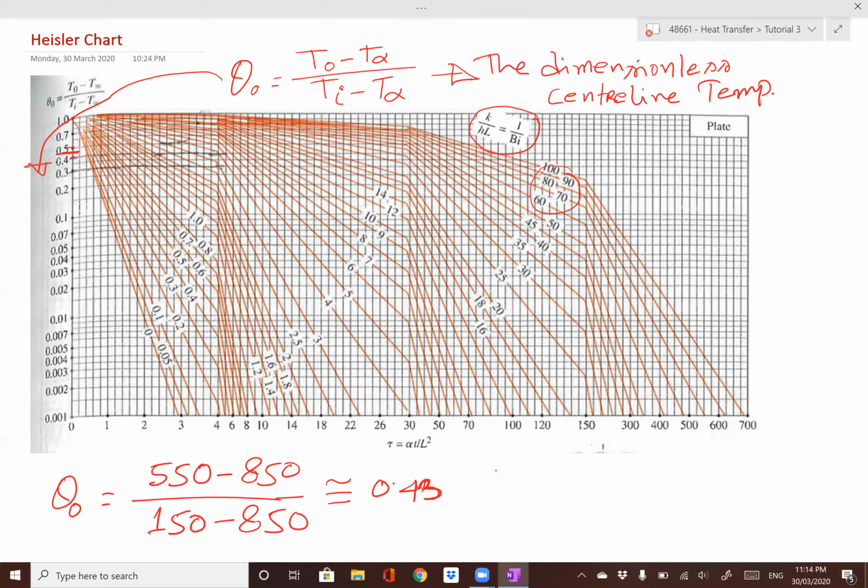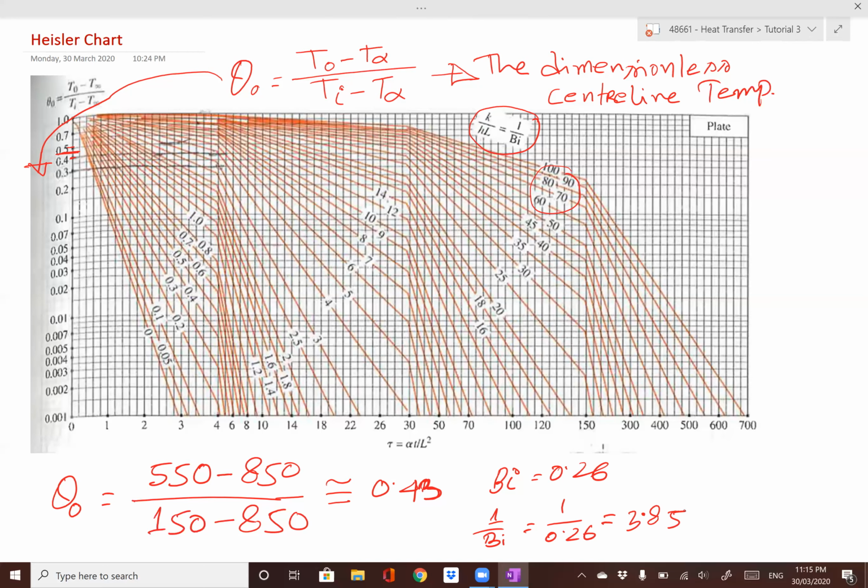Our Biot number is 0.26, so 1 over Biot will be equal to 3.85.